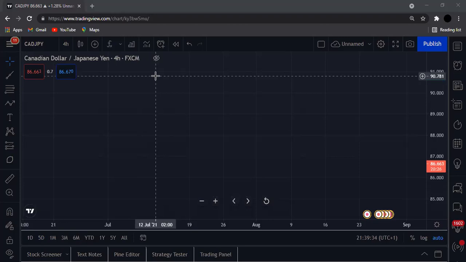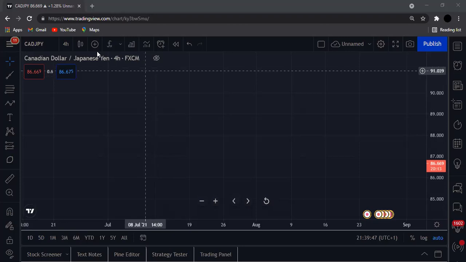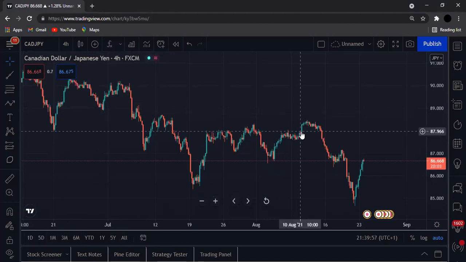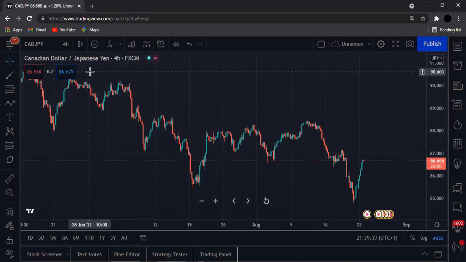You go to a higher time frame, top to down, if possible the highest time frame available, then down to the lower time frame. Let's start with the Canadian dollar, Japanese yen. I won't just go to 1 minute or 1 hour, because that would show me the temporary trade.